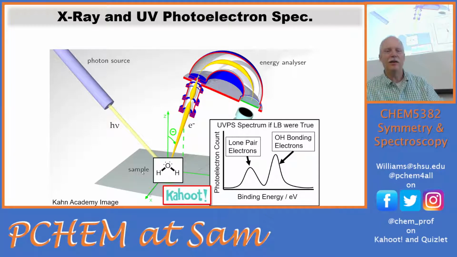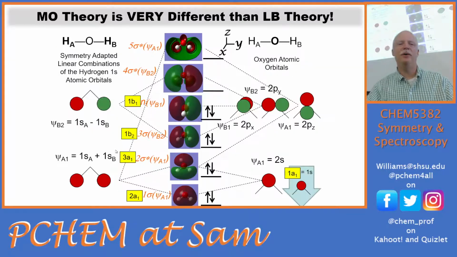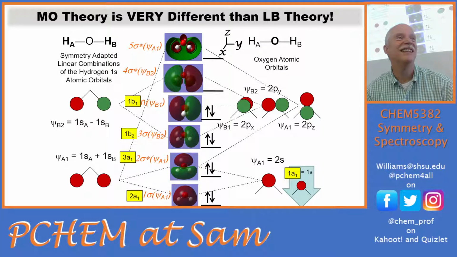Okay, so here we are, XPS, but we know that MO theory is very different. Look at the molecular orbitals, and you tell me whether you see any sp hybrids. It's not sp2, it's not sp3. There's no hybridization in molecular orbital theory.